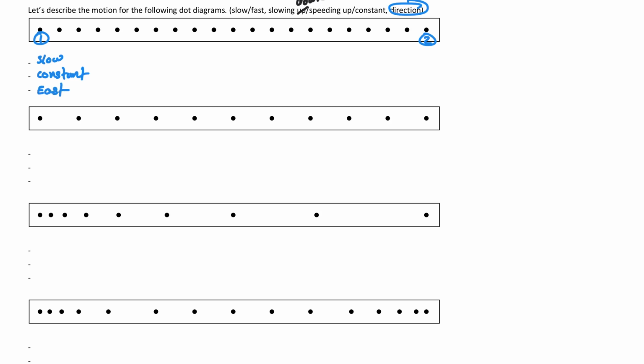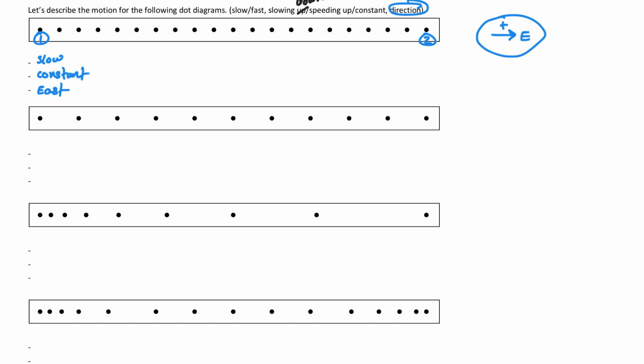In order to say what direction it is, I'm going to assume a positive convention in the east direction. In this way, it's moving in the positive east direction. If this was 1 and this was 2, it would be the opposite. It would be going in the west direction.